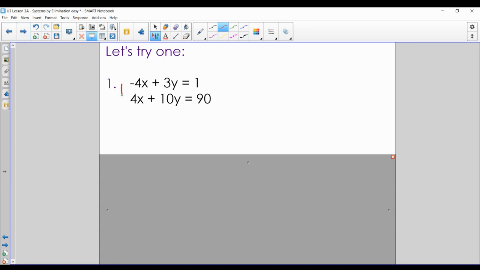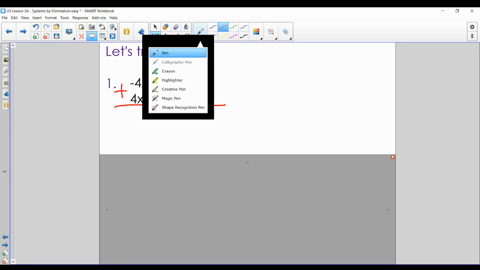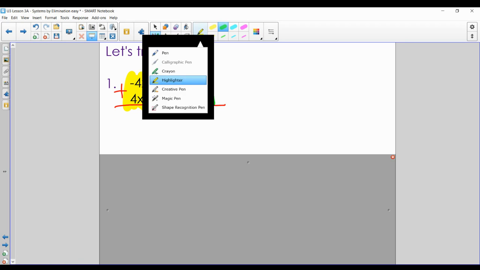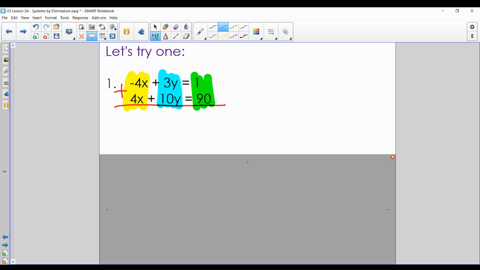What I'm going to do is add them together so that if I'm looking at this, I'm going to add the x's, I'm going to add the y's, and I'm going to add the numbers. So if I do this, negative 4x and positive 4x means there are no x's left.